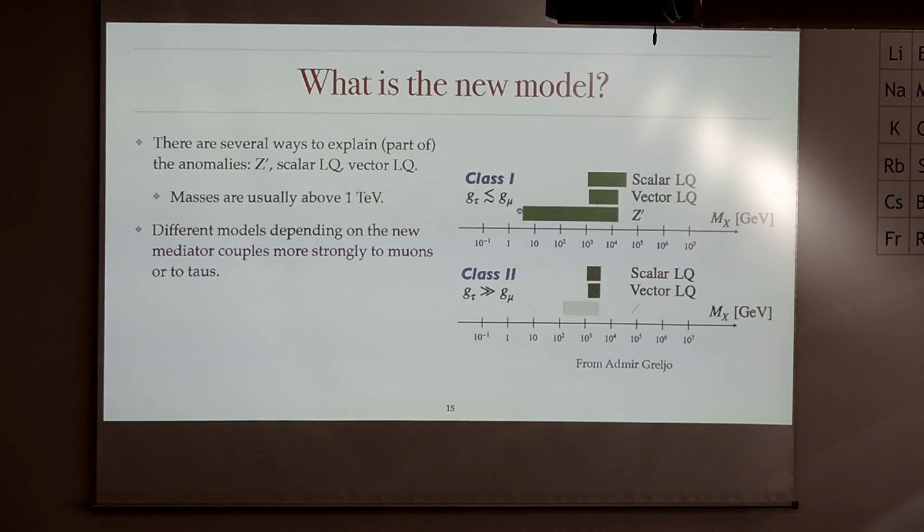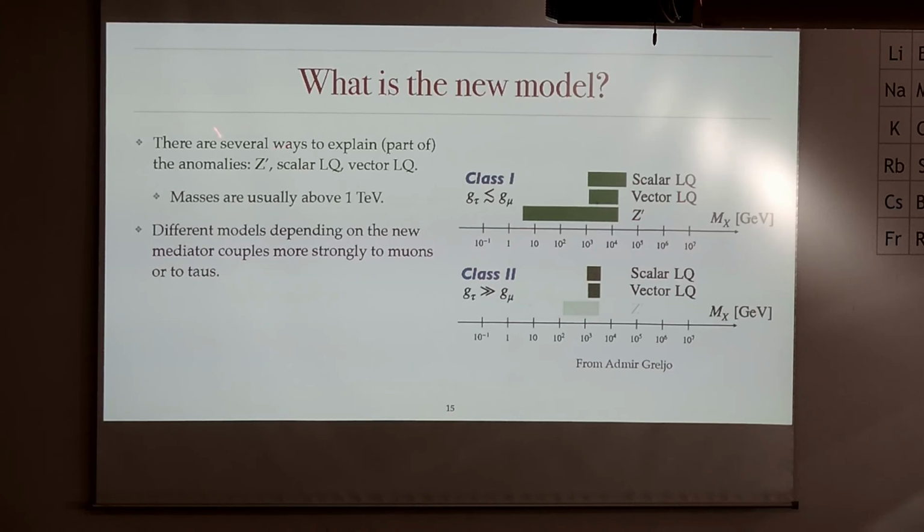And well, a word about the new model. So we do not know what the new model is. This was said yesterday by Matthew. But there are several ways to explain at least part of the anomalies, and there are 3 winning candidates: scalar leptoquarks, vector leptoquarks, or these Z primes.